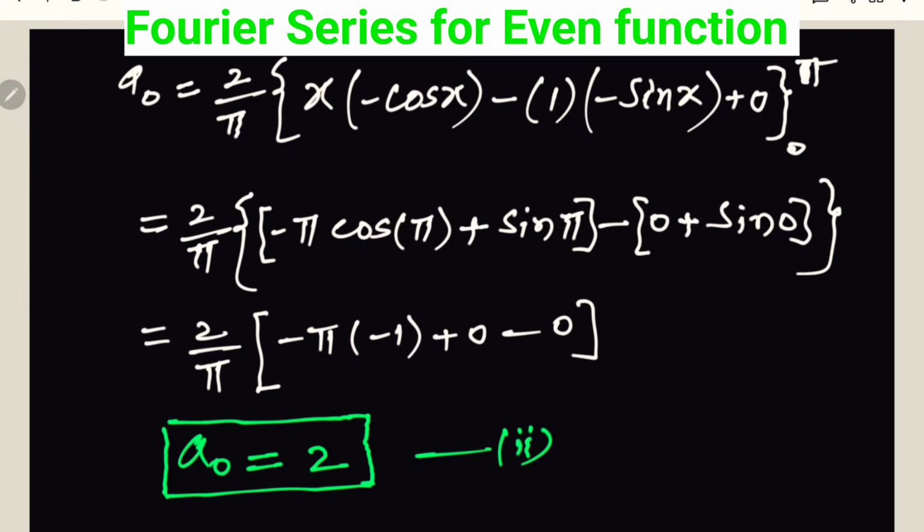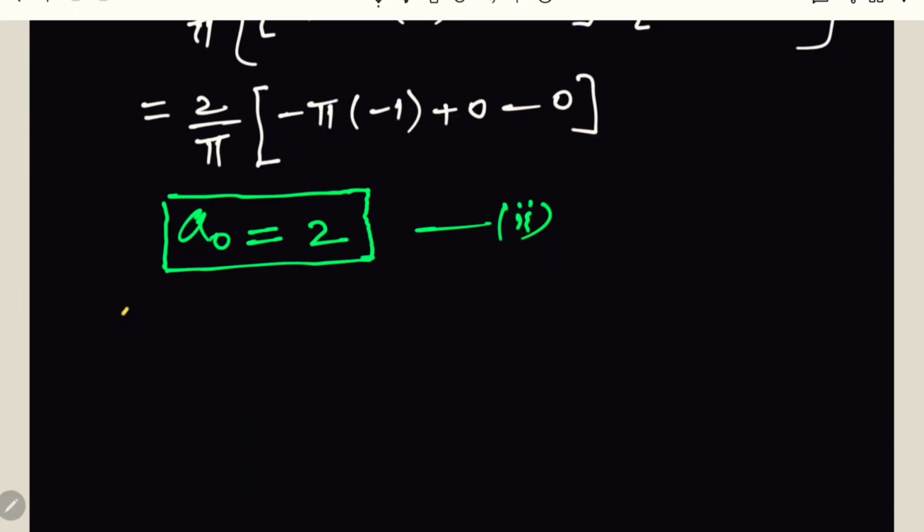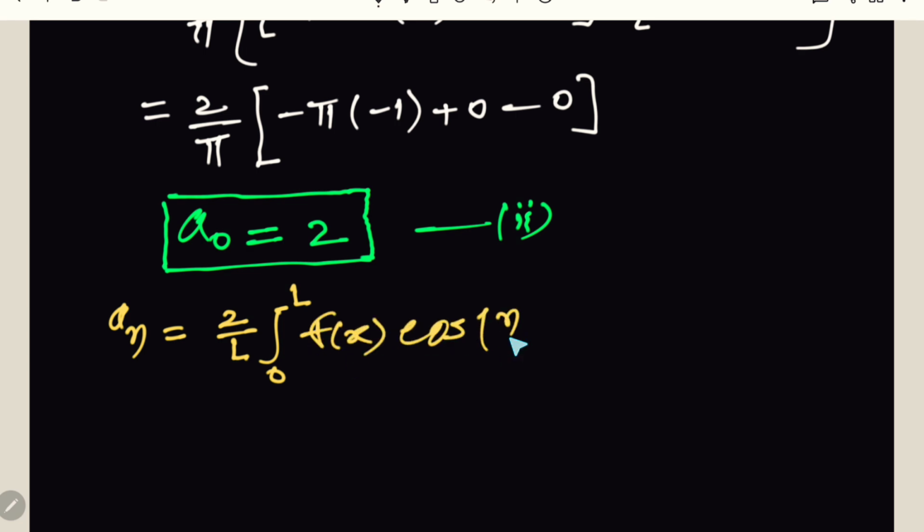Then we have to obtain the value of an. The formula is 2 by L integration from 0 to L of f of x into cos of n pi x by L, and its integration with respect to x.